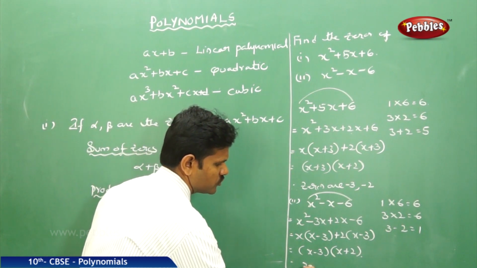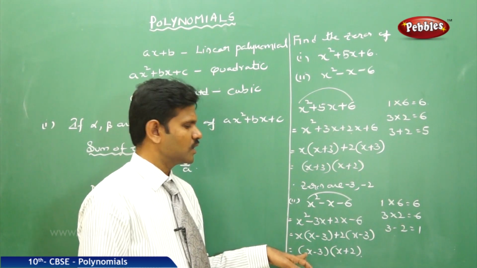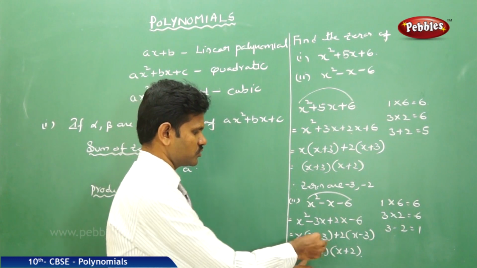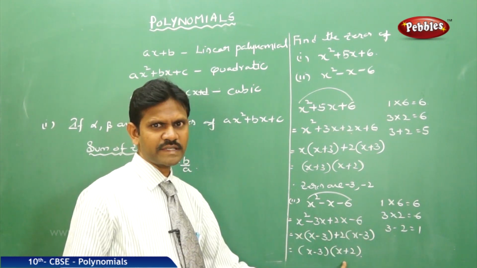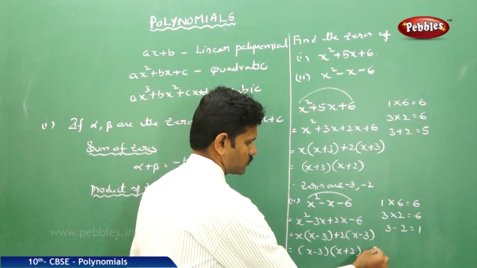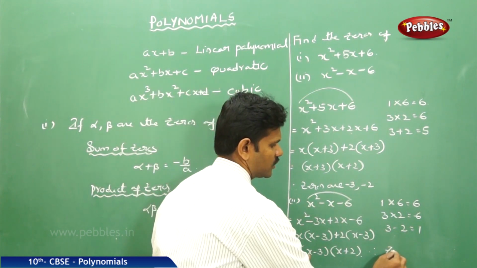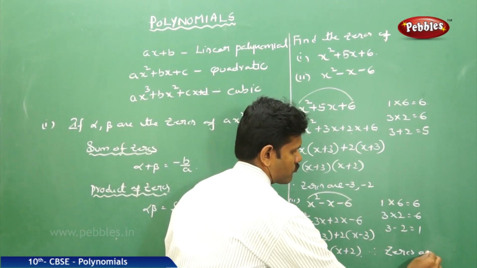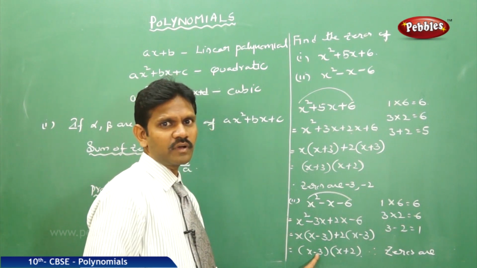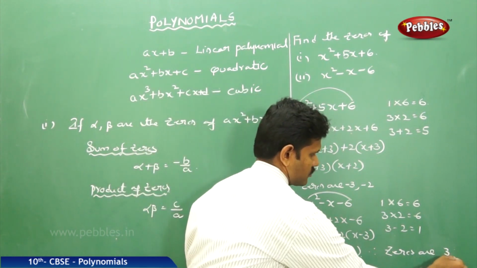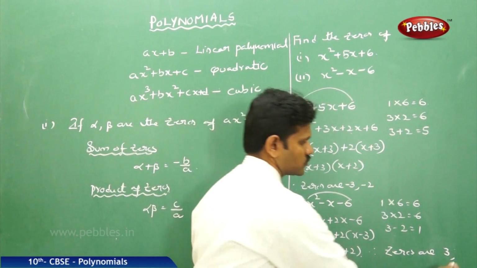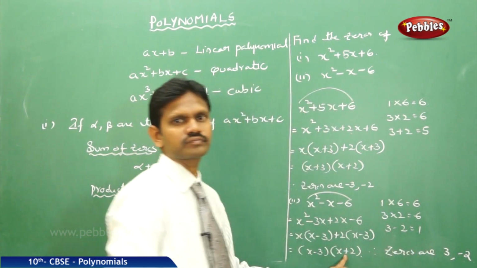Therefore, the zeros are: the zero of x minus 3 is 3, and the zero of x plus 2 is minus 2.